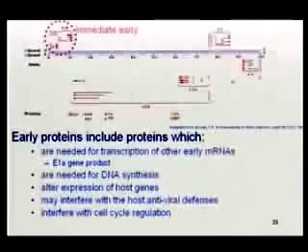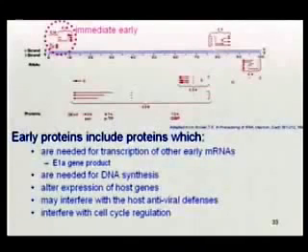We went through here. So a lot of these genes here are genes that we're going to be talking about because they're needed for this simplified form of DNA synthesis. Some of the other genes are involved in modifying host cell immune response.